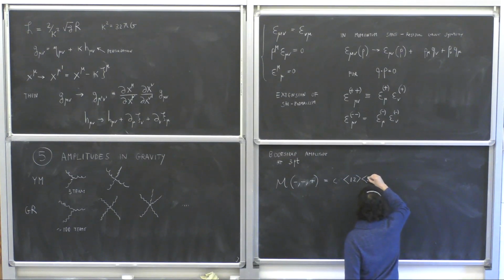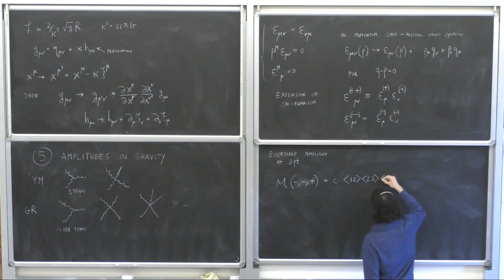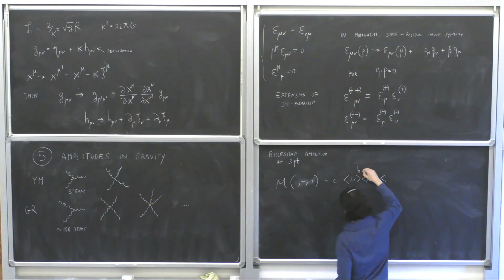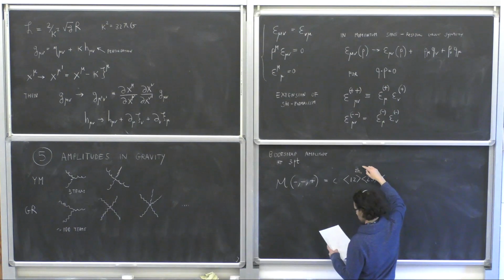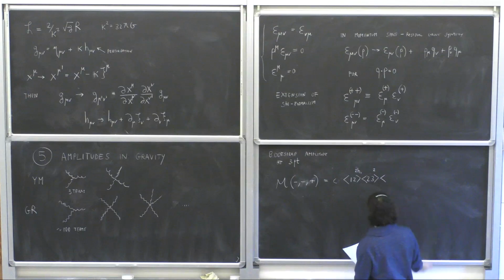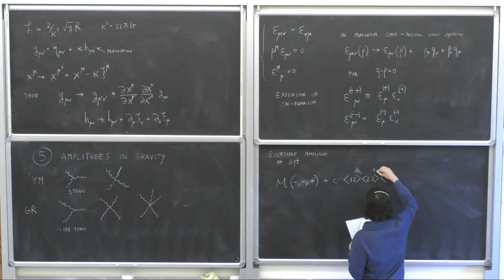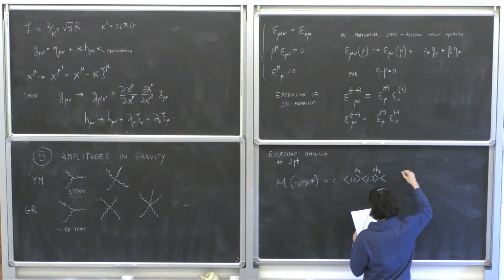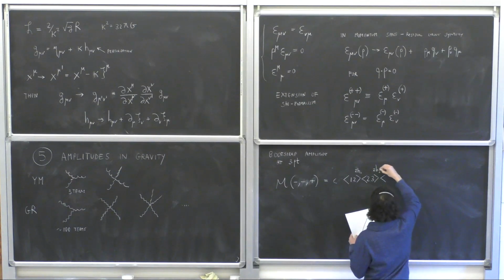Remember, of course, that in 3 points kinematics only the square spinors or the angle spinors are non-zero, but not the other. So in this particular case, we can have that.